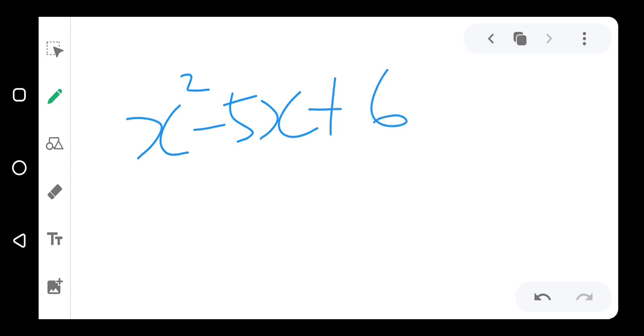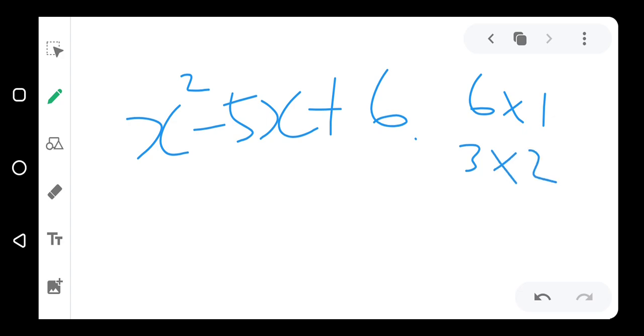So when we factorize this, we are going to have two numbers that will multiply to give us plus 6, and when we add them, will give us minus 5. First of all, the factors of 6 are 6 and 1, 3 and 2.